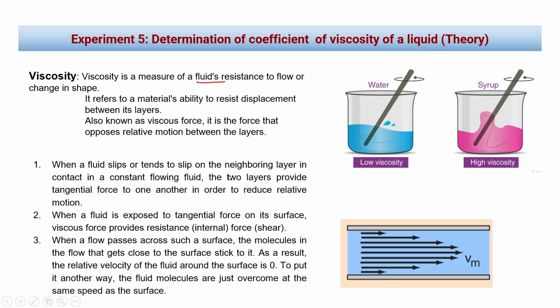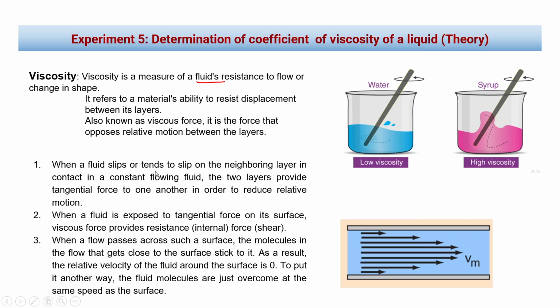The same way, viscosity happens because of the cohesive force between these molecules, in the case of a liquid flowing, as shown in the diagram here. It can be a gas also, but in gas the viscosity is very less. So usually we talk about liquids.